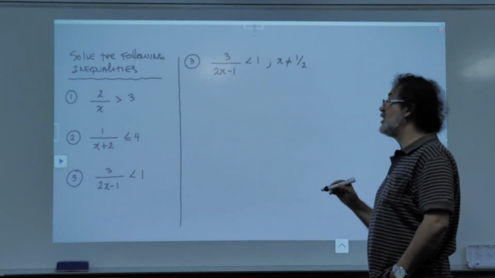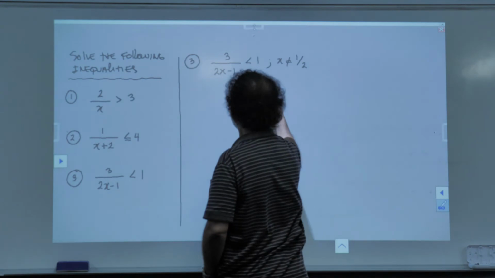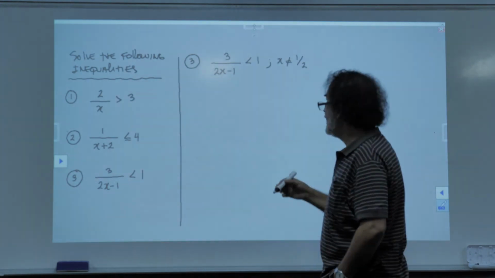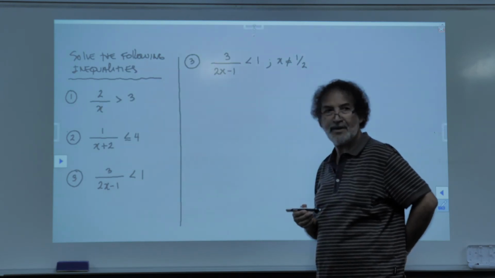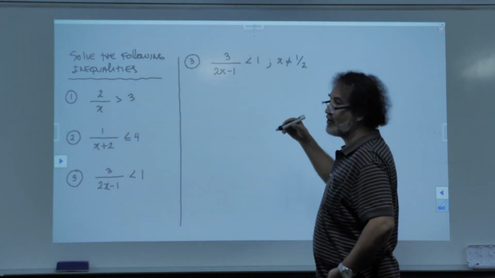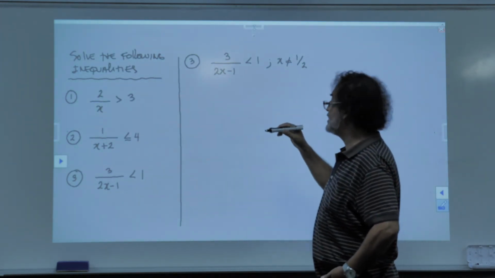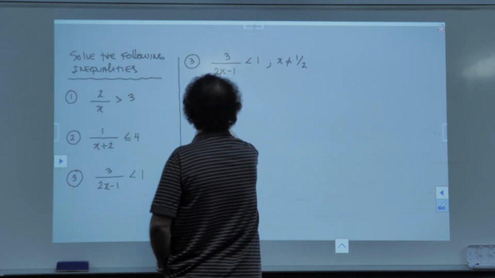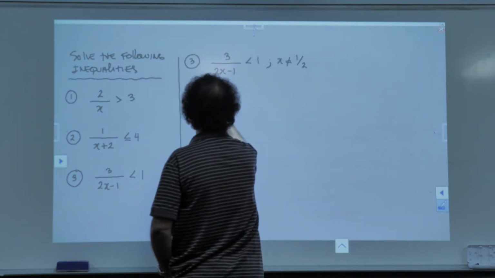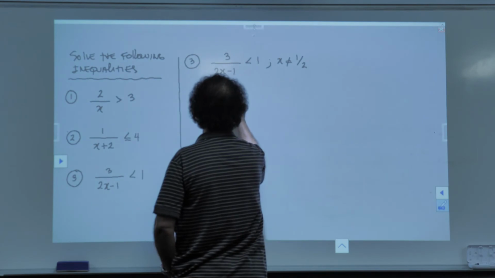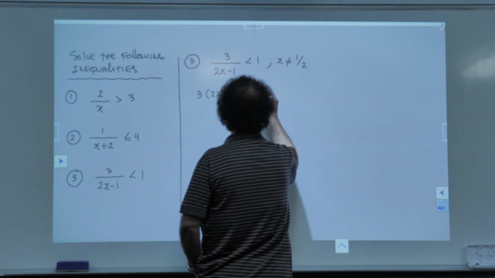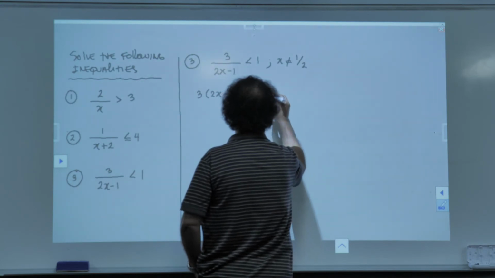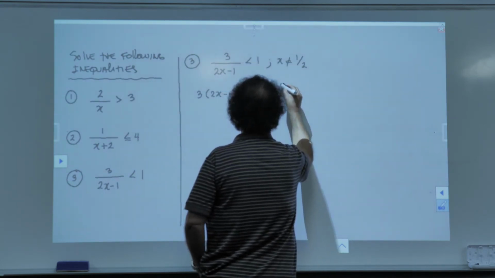Okay, so here we go. If we want to find the answer for this, we need to multiply the left and the right by? X minus 1 squared. That's it. Okay, now we're going to save a little bit of writing, so we're going to have only 3, 2x minus 1 less than 2x minus 1 squared.